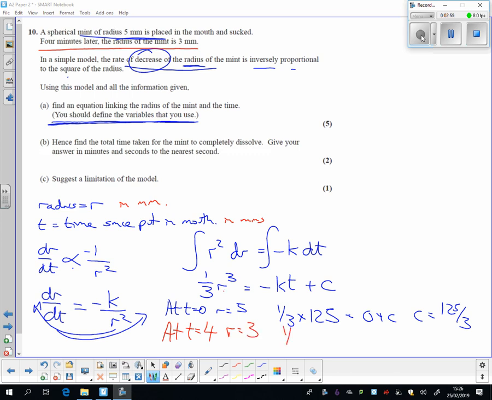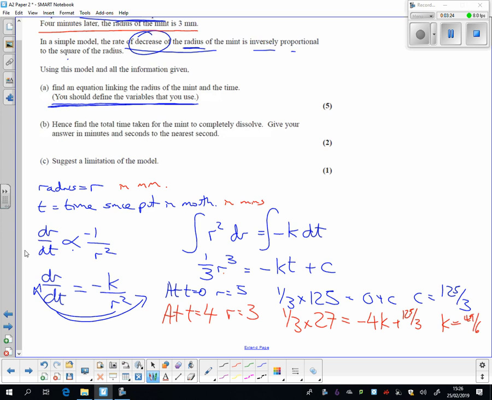I've got 1/3 times 3 cubed, which is 27, equals minus 4k plus 125 over 3. Just tapping away into the calculator, I can find out that k is 49 over 6.